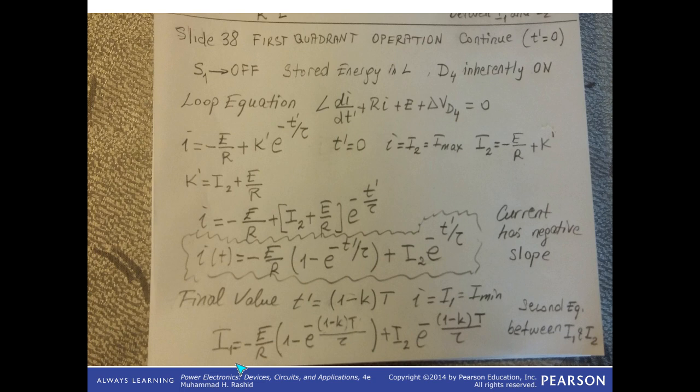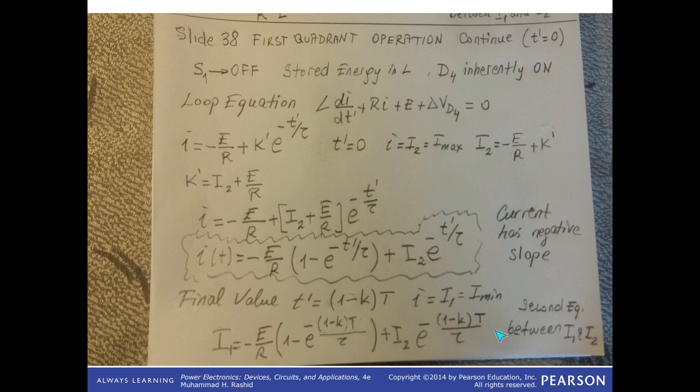So I1 is equal to E over, of course, I put T prime is equal 1 minus K over T instead of. So here also, instead of T prime, we put 1 minus KT.